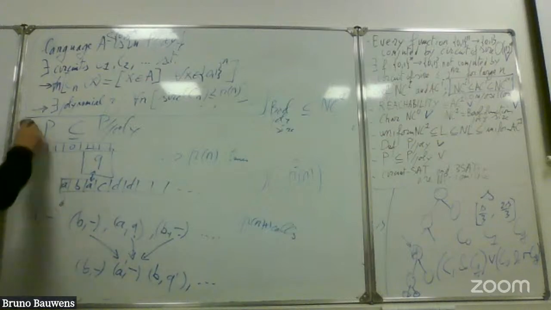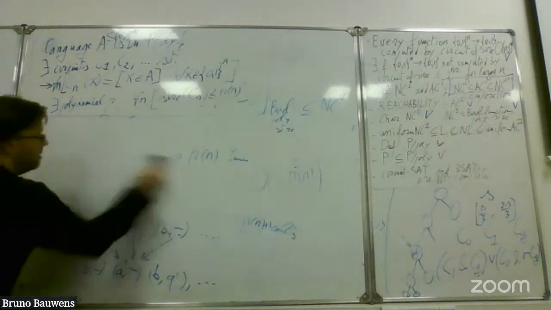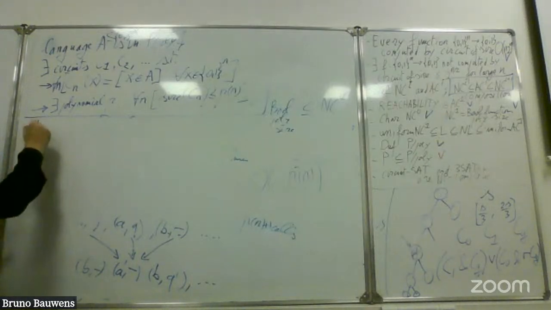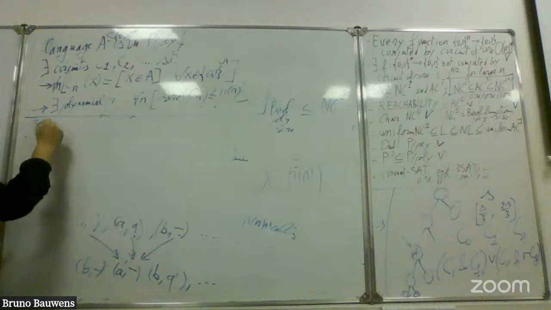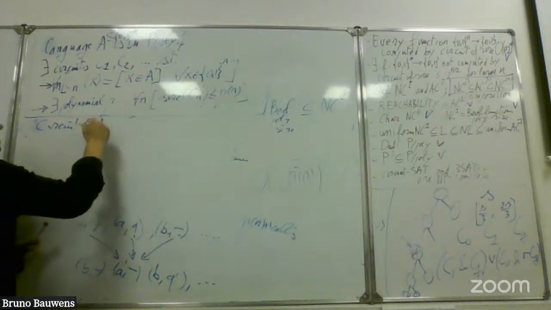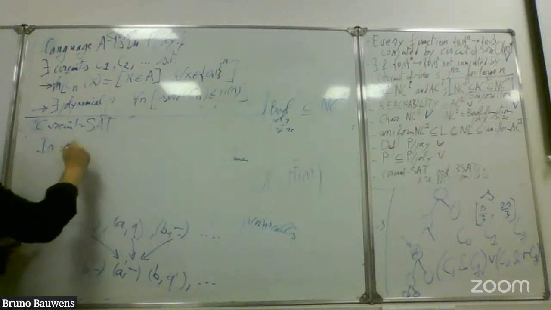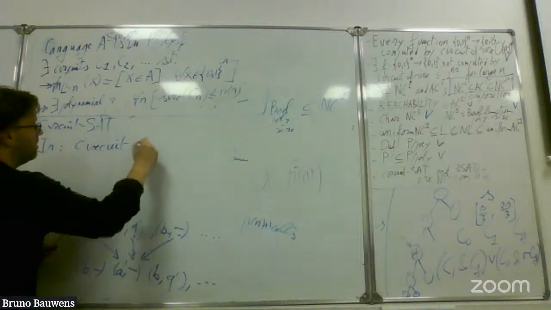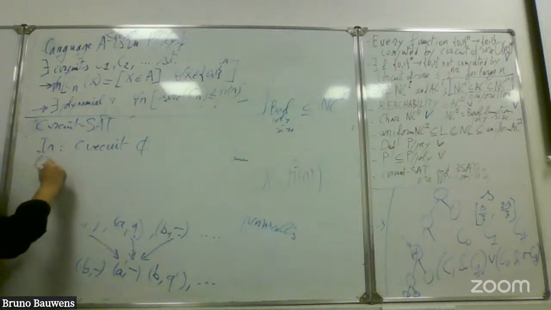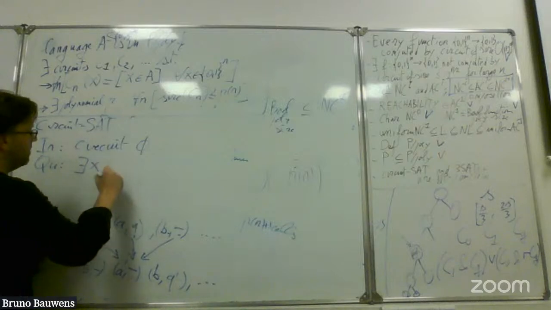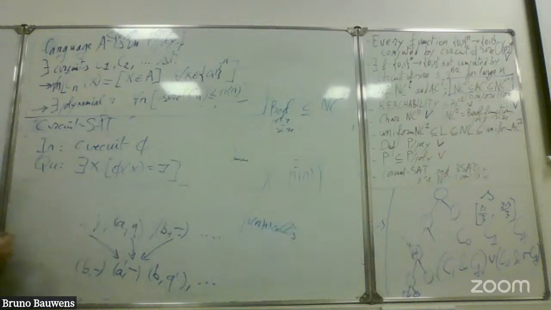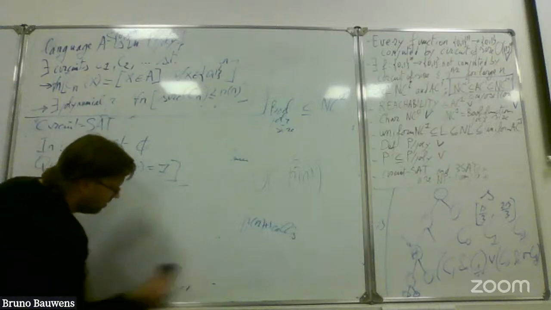So what is this problem? I think you can guess it. We're given a circuit phi, and we decide if it's satisfiable. The question: does there exist x for which phi of x equals 1?